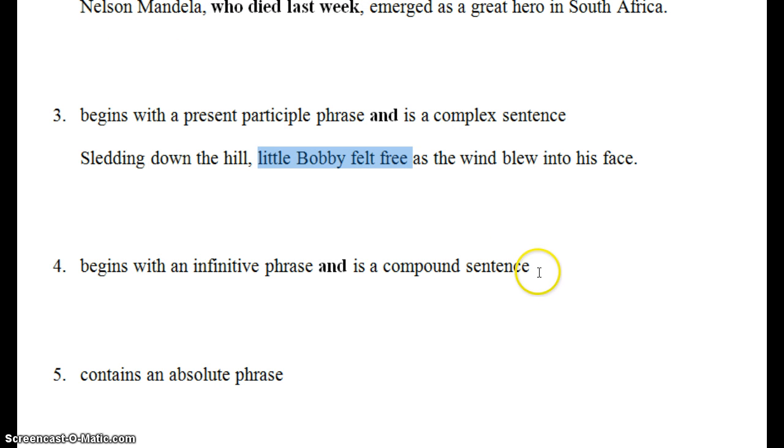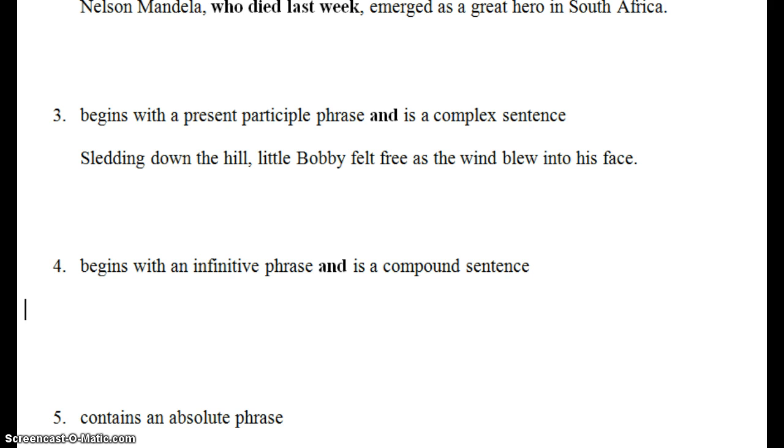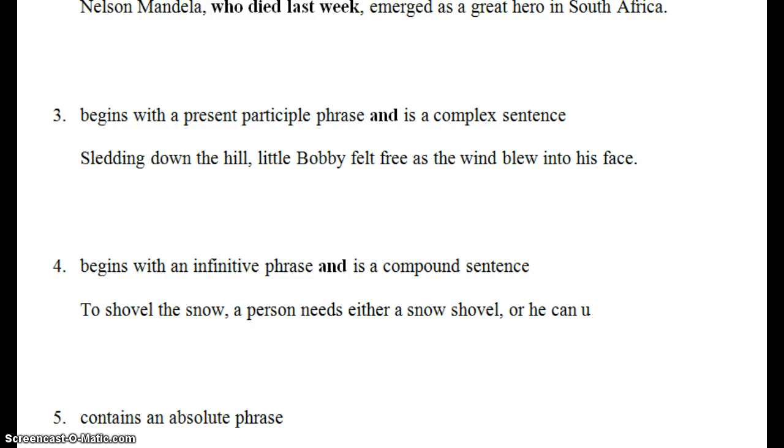Begins with an infinitive phrase and it's a compound sentence. So let's try this for a moment to continue with our snow theme, our snow motif. To shovel the snow, a person needs either a snow shovel or he can use a snow blower.